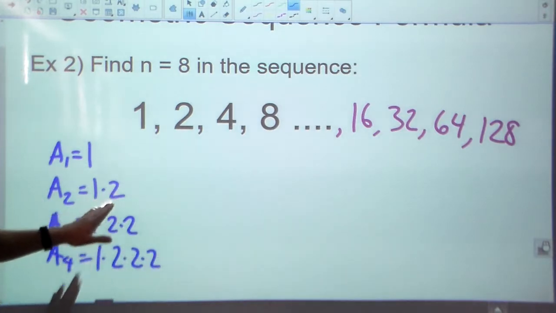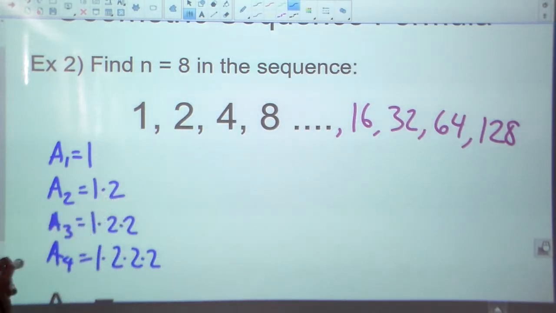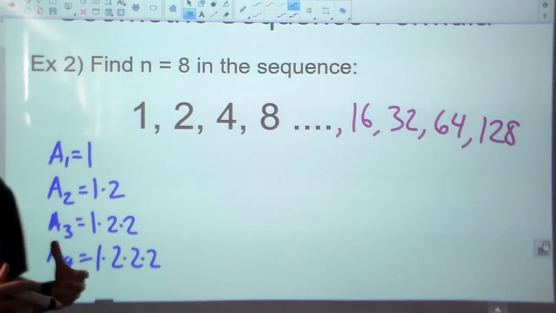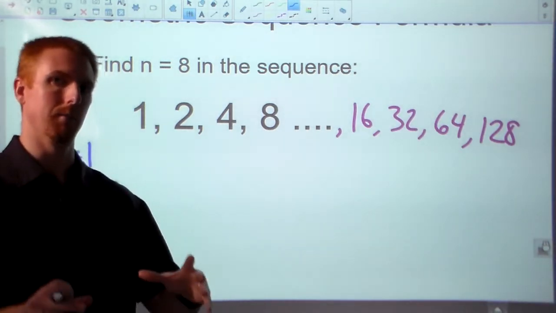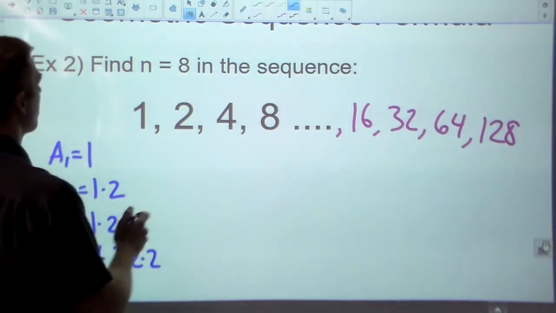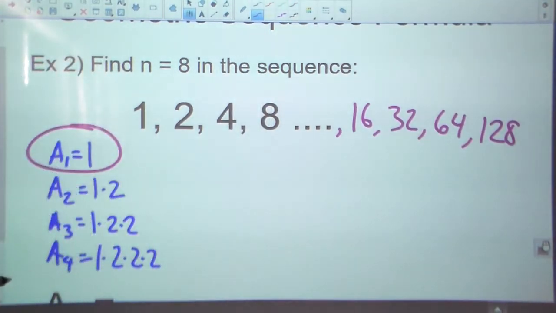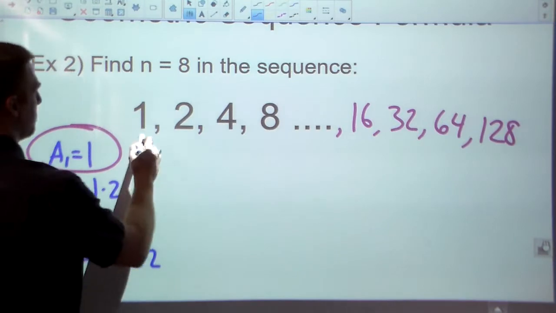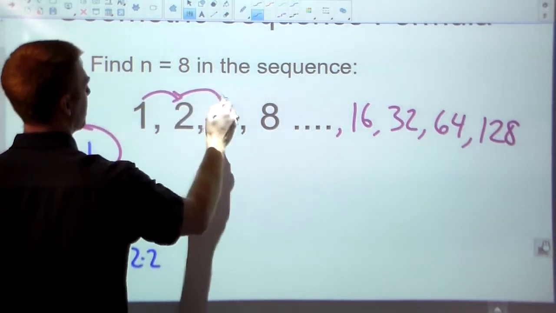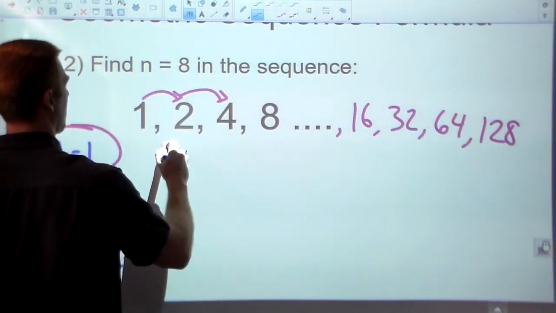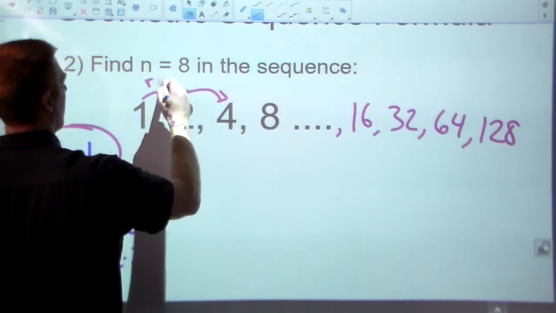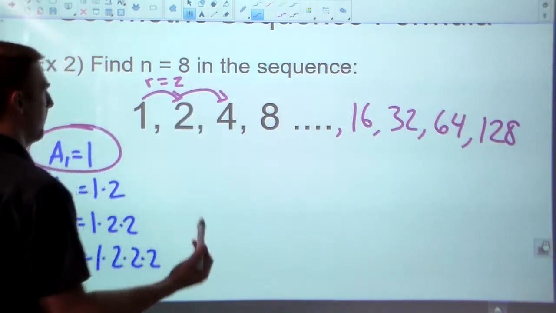So it's starting to follow that same pattern we just saw. And that's really what I want to reiterate, is we're starting to see the same pattern show up twice. So let's look at the key things. First term is 1. This thing you're multiplying by each time, that's called a common ratio. It's called R. So R equals 2. You multiply by 2 each time.